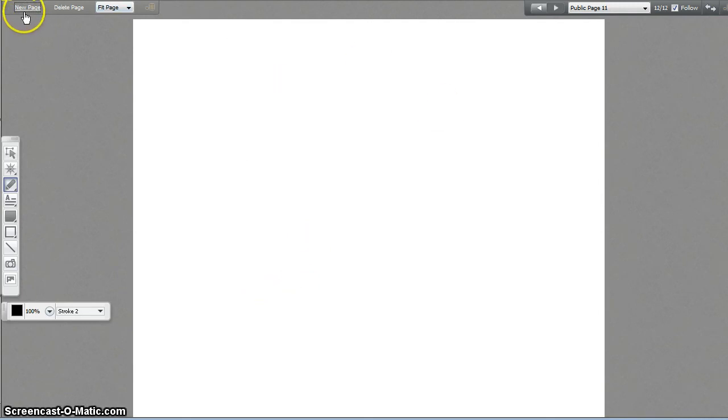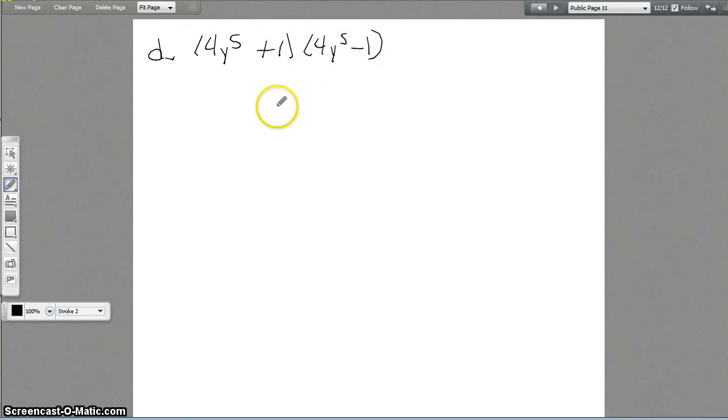One more example. Let's do part D. We have (4y to the 5th plus 1) times (4y to the 5th minus 1). You might notice this is the sum of two terms multiplied by the difference of the same two terms. When you have that setup, you take the first term and square it and subtract the square of the second term.